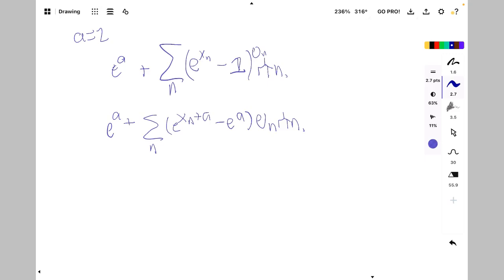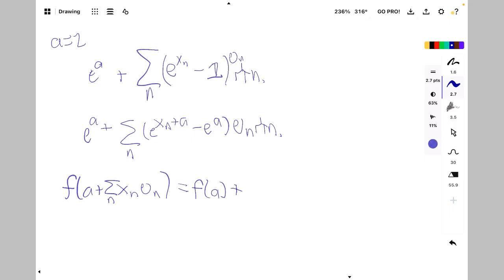And the full formula for that specific multiplication system, which I've worked with many times, would be the function of a plus sum xn tel n is just equal to f of a plus the sum over n of f of a plus x sub n minus f of a, then times tel n.